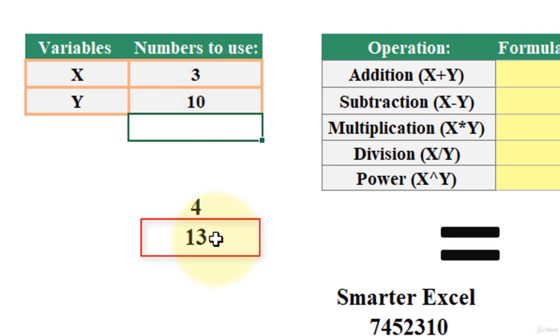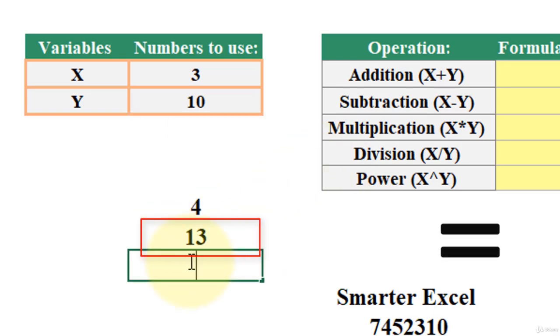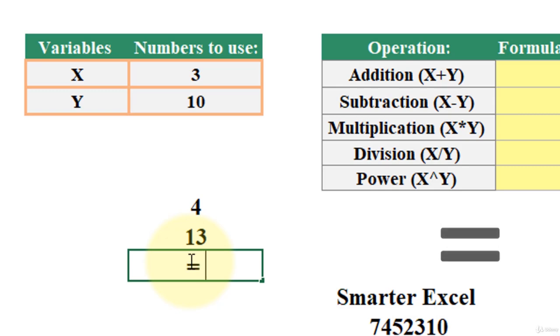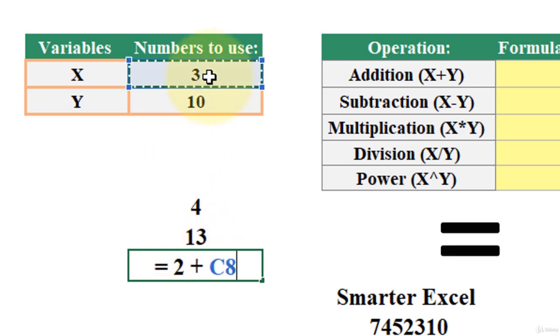Okay? Now I want to write one constant and one cell reference. Let's try. I write equal sign. The first constant will be 2, and the operation will be addition. Write plus sign, and I want to add the second term of this equation as a reference, like C8. Okay?